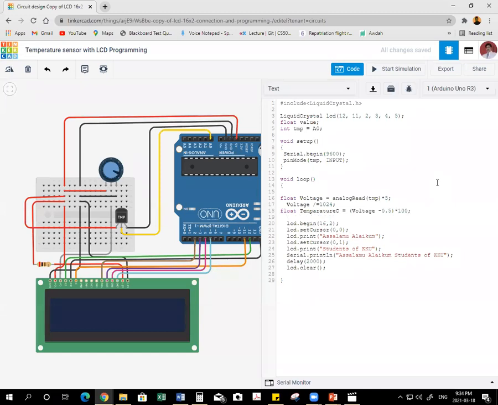Voltage minus, okay. Now lcd.begin, you can have setCursor at 0, 0, no problem. You can have here lcd.print, will print in the first line, temperature is. We'll print this one. Now setCursor 0, 1.